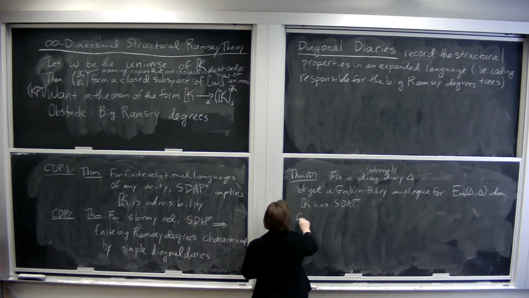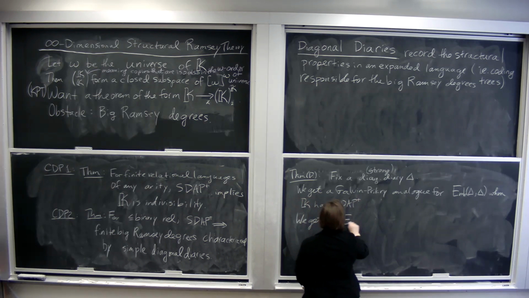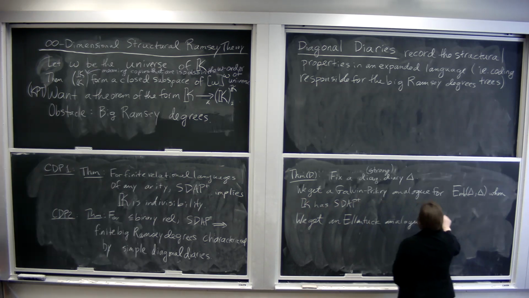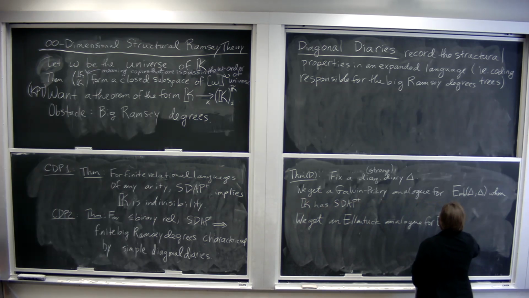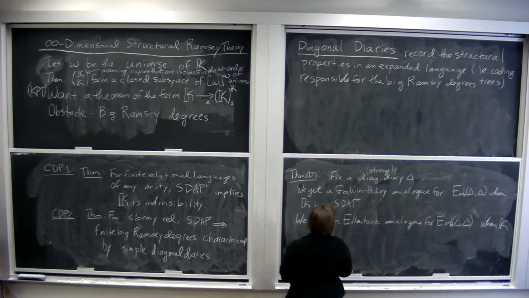and we get an Ellentuck analog for these spaces when K is Q-like.